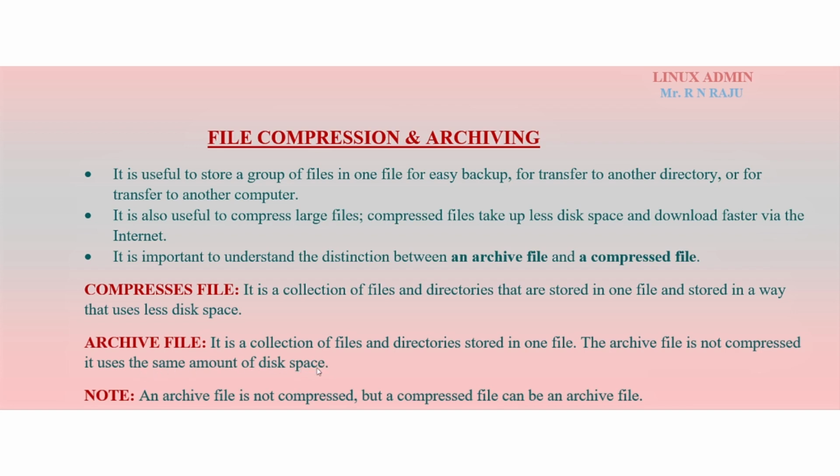So if my raw data size is 1 GB and I create a compressed file, it occupies less disk space. But if I create an archive file, it uses the same amount of disk space: 1 GB file, 1 GB only. So that is the difference. Compressed means reducing size, but an archive file uses the same amount of disk space.